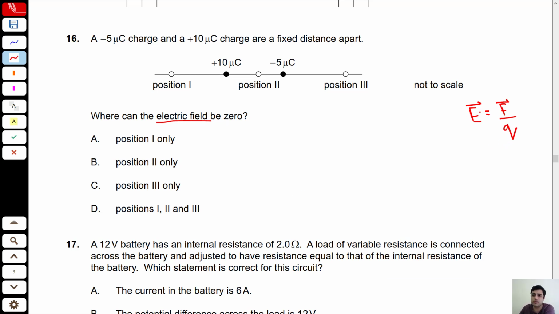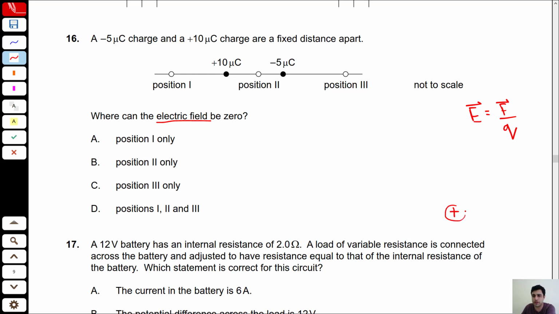So the electric field strength is a vector quantity which is given by electrostatic force acting per unit positive test charge. Whenever you want to measure electric field strength at any point, you always introduce a small unit positive test charge.